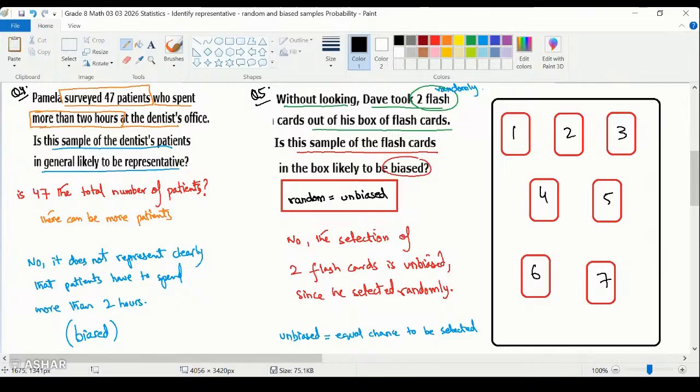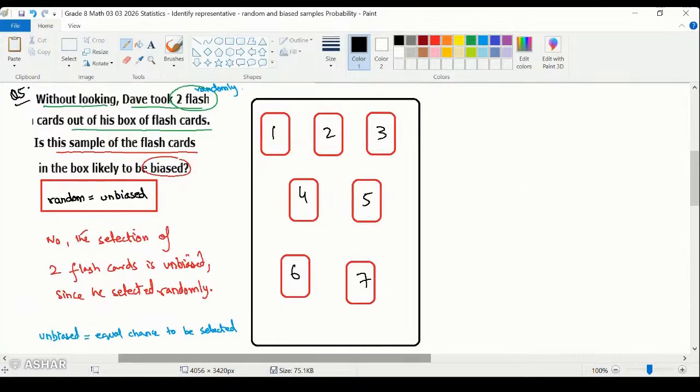Yes, Osman, it is. Okay, let's do this together. Jordan, you pick up your two numbers, just any two numbers at random. There are 7 cards over here, right? The numbers you select could be 1 and 2, 1 and 3, 4 and 7, any two numbers, right?